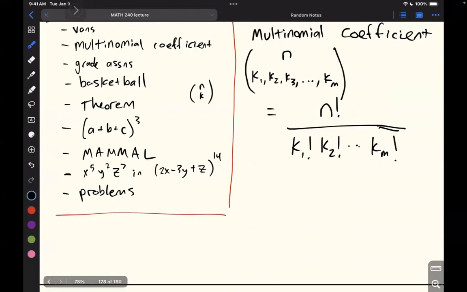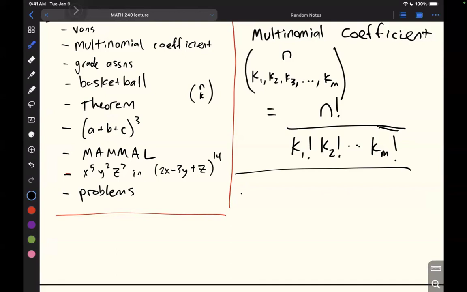And this value gives the number of ways of placing n distinguishable objects into m distinguishable groups of sizes k1 to km.